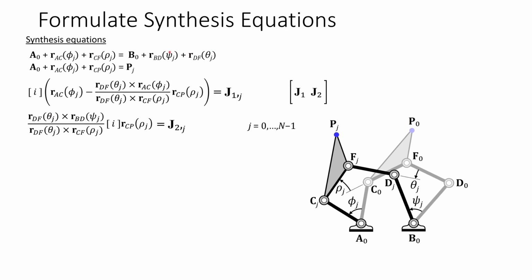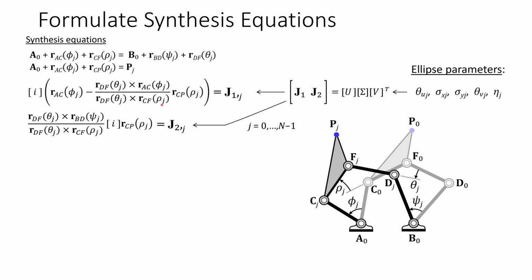Our synthesis equations comprise the loop position equations and the equations which define the Jacobian entries. Jacobian entries are defined through the geometric parameters describing specified ellipses through the singular value decomposition.